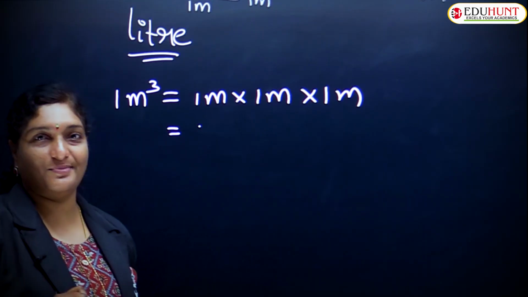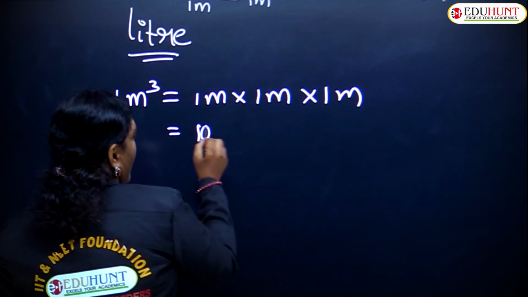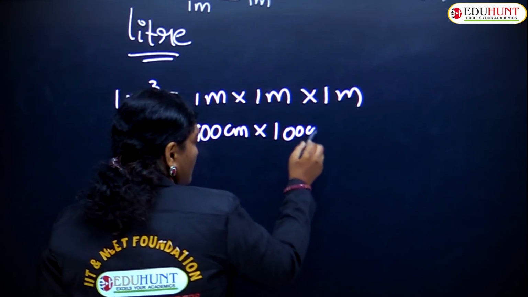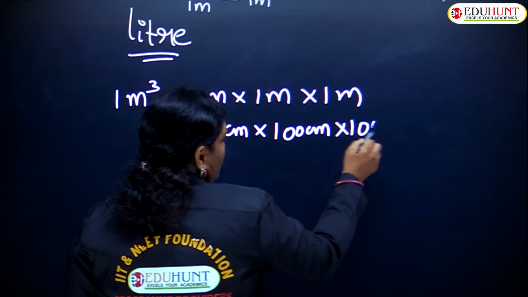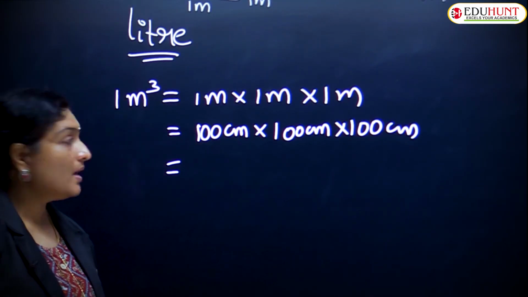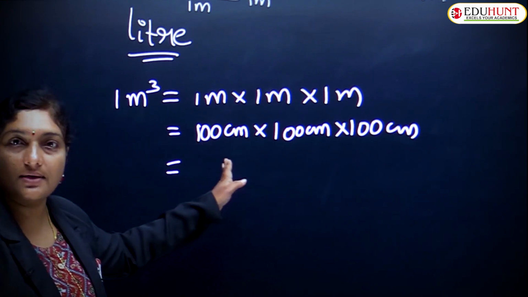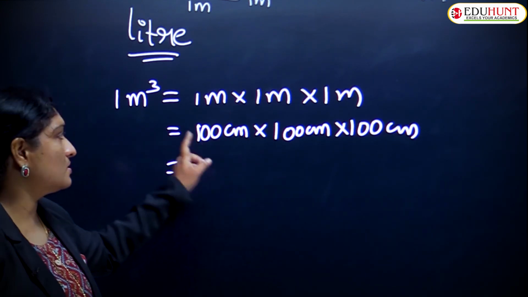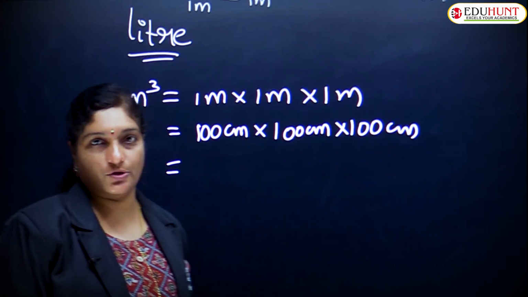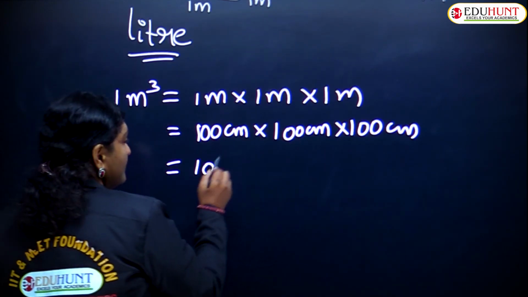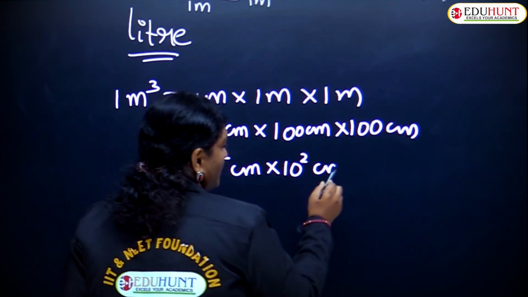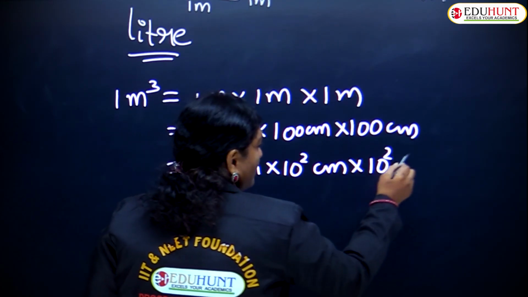Yes, 100 centimeters. Again, 100 centimeters and 100 centimeters. Now 100 means how many zeros are there? Yes, 2. So 10 power 2, 10 power 2, 10 power 2 centimeters.